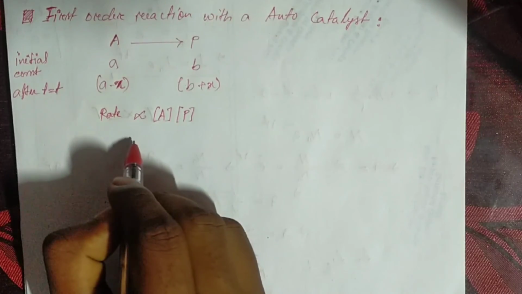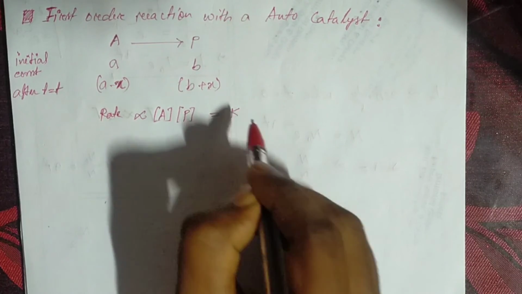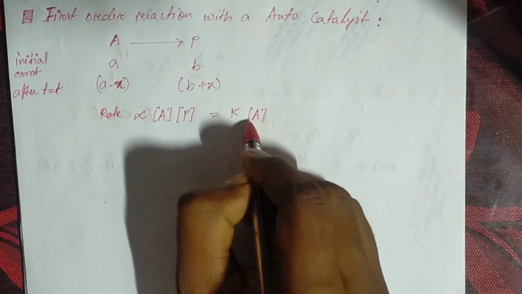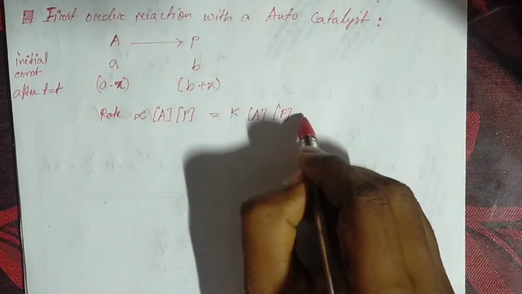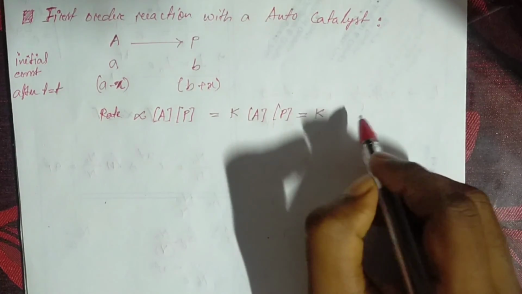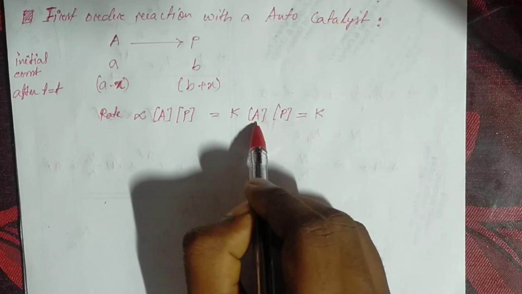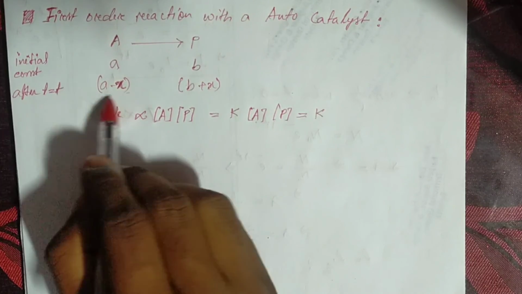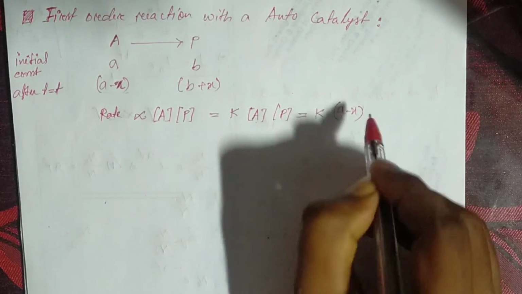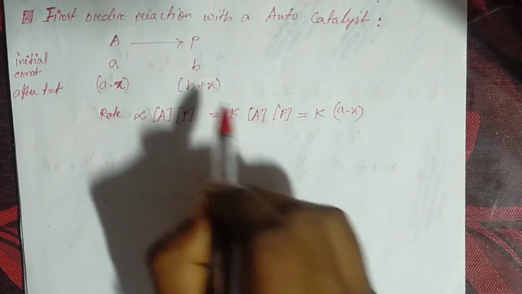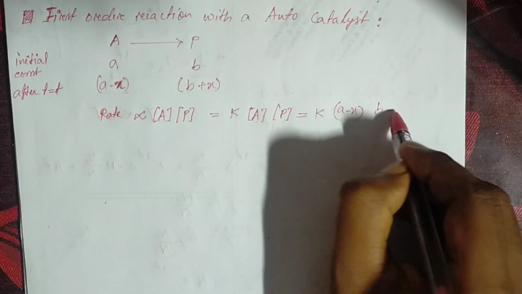So we can write K A P, or K times, instead of A we put A minus x, and instead of P we put B plus x.